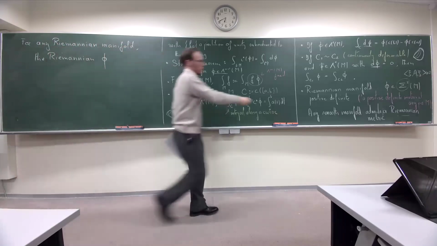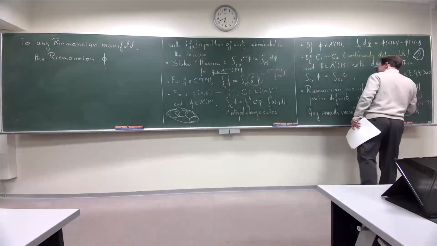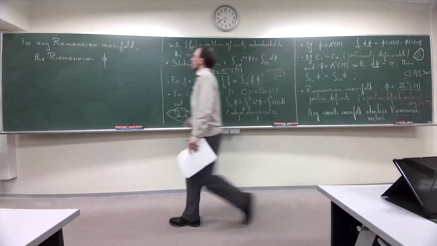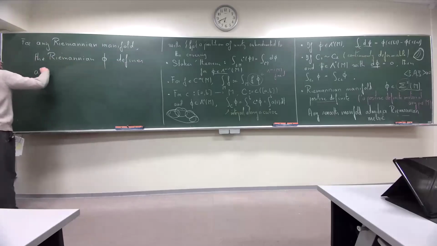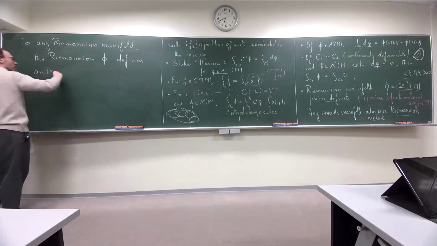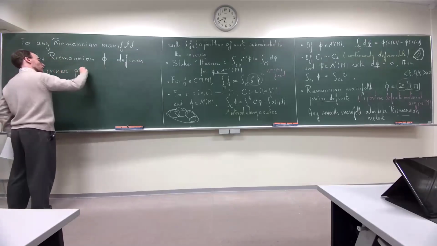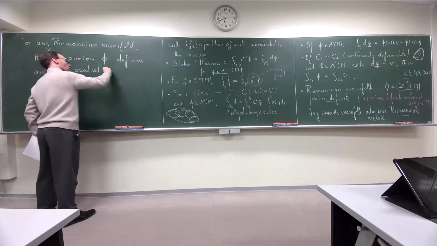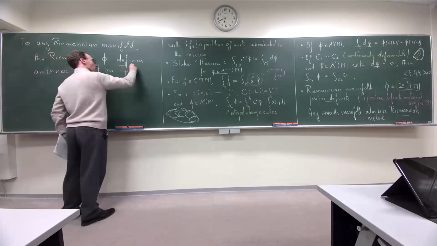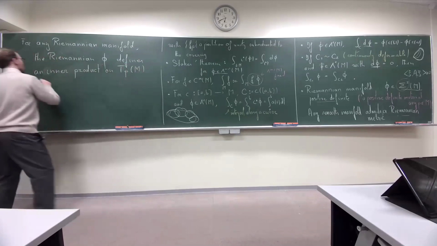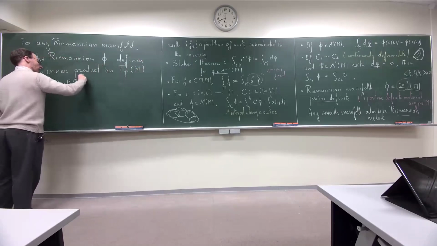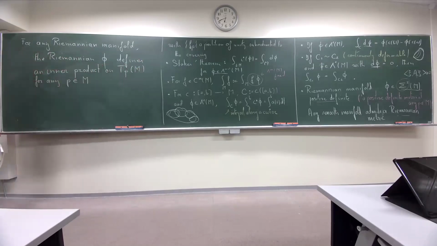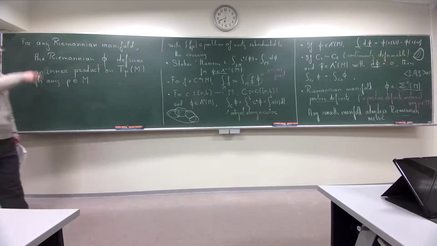It is precisely an element of this which is positive definite, and defines a scalar or an inner product, I should say, an inner product, but it's the same as a scalar product, on T_p M for any p belonging to M. Because, as I just mentioned, you have a matrix, and this matrix defines an inner product.